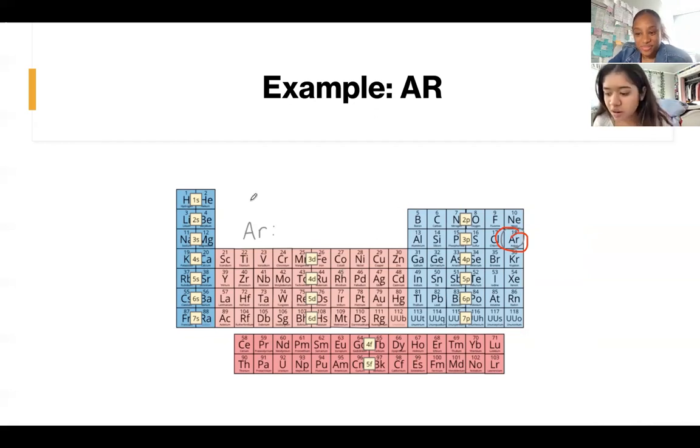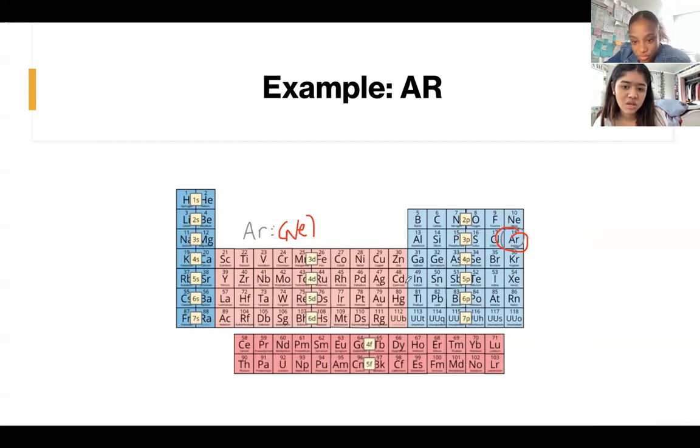So is it argon? Yes, it would be argon. Would it be neon? Yes, you'd have to put neon there, Ne, and then just derive the configuration from there.